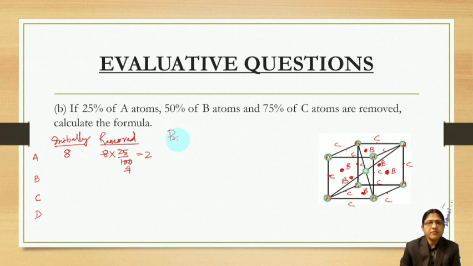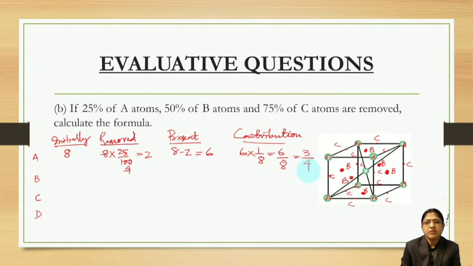Then present how many? If 2 atoms are removed, then present how many? 8 minus 2. 6. Then their contribution, as we know that corner atoms contribution is 1 by 8. 6 into 1 by 8, that is 6 by 8, or if you divide by 2, you will get 3 by 4. Right?